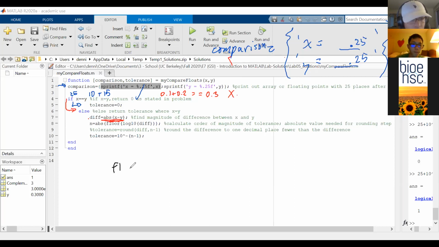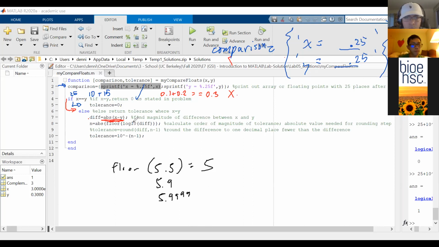So floor, by the way, if we have 5.5, that's 5. It rounds down. Not only 5.5, but 5.9 floored is equal to 5. 5.99 floored is equal to 5. So it rounds down to the lowest nearest integer.